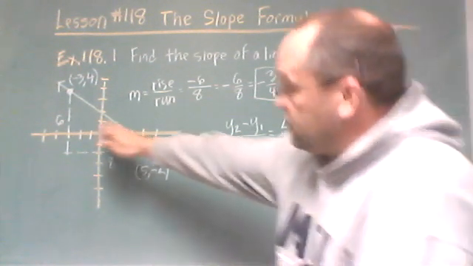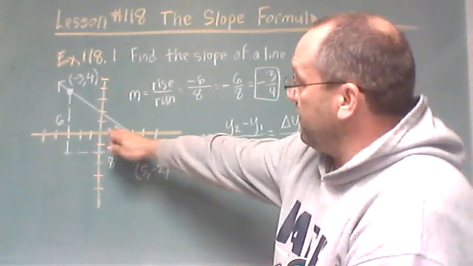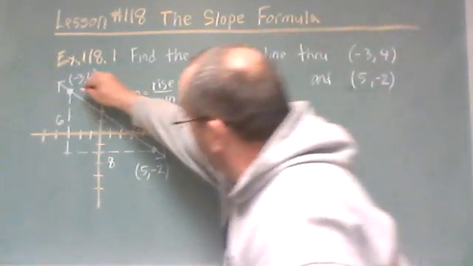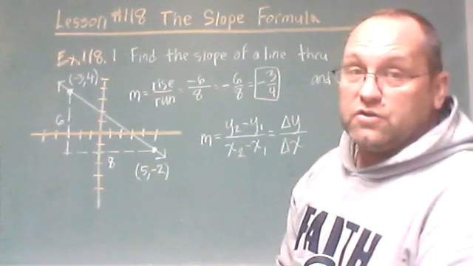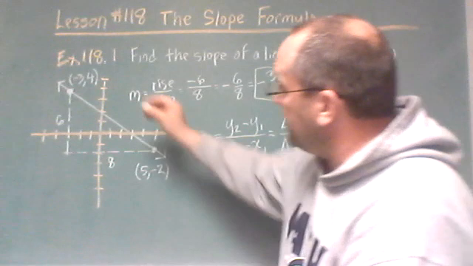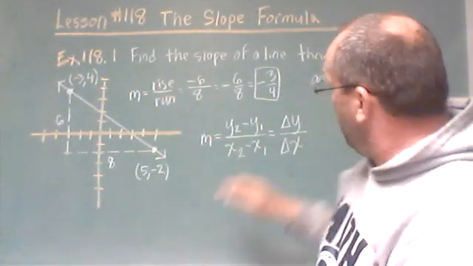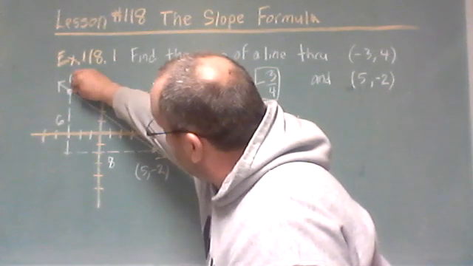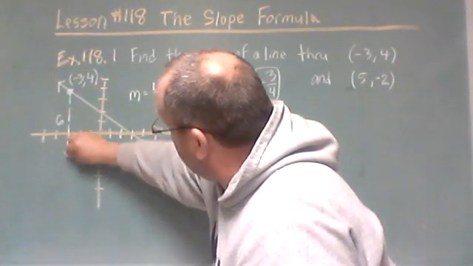Okay, back to our line. Okay, what we've done, we've drawn this line. But we've selected these 2 points here that they gave us to determine, over that range of the line between those 2 points, what is the change in the y? Well, the change in the y is it goes down 6 units.